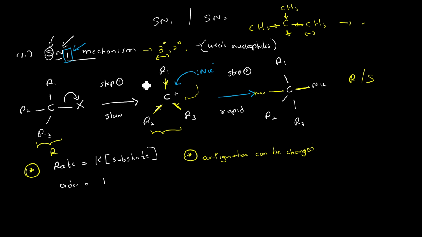In our rate determining step, the product is the carbocation. If we can stabilize the carbocation, this reaction is much more likely to happen, because the final step is much more stabilized. So the reaction will happen faster to obtain that stabilized form.